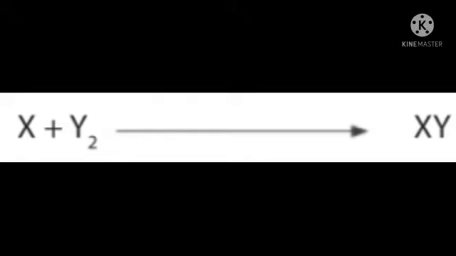Okay, so magnesium burns in oxygen to form magnesium oxide. How to write it: magnesium plus oxygen gives magnesium oxide. Magnesium plus oxygen are the reactants, and the product is magnesium oxide. In between, an arrow should be there.